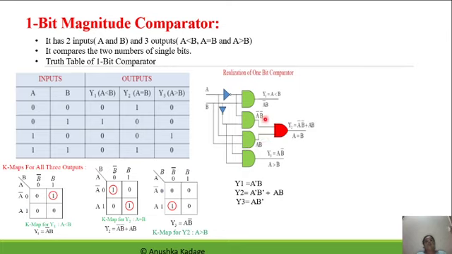After getting A bar B bar and AB, we perform the ORing operation to generate the final output for A equal to B.